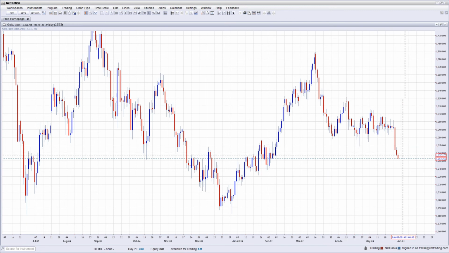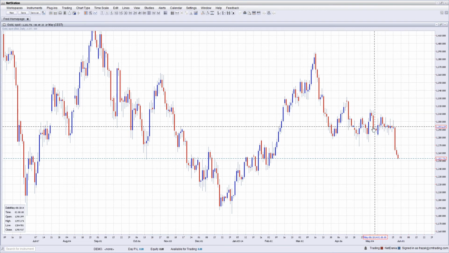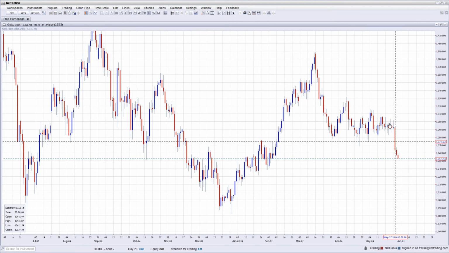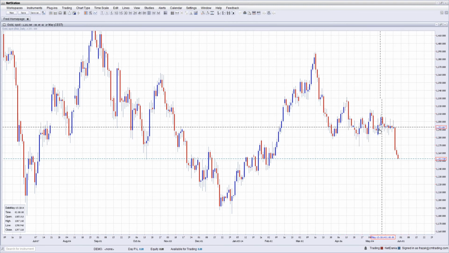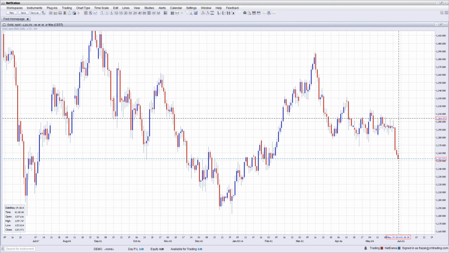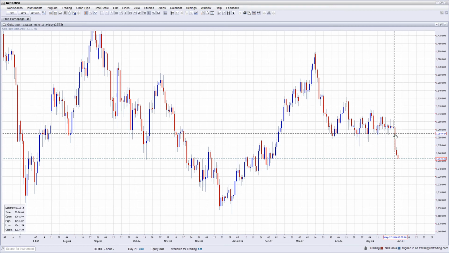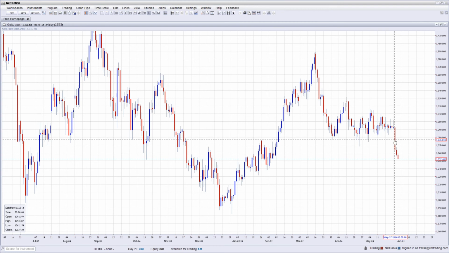But this thing has been beaten up, and like I mentioned when we were back here, we said we would either have a major move up or a major move down, and I thought it would actually go up, anticipating that we would bounce at 1290, but unfortunately we hadn't, and we see that we've broken. But this would have been a good example of where you could have flipped it.